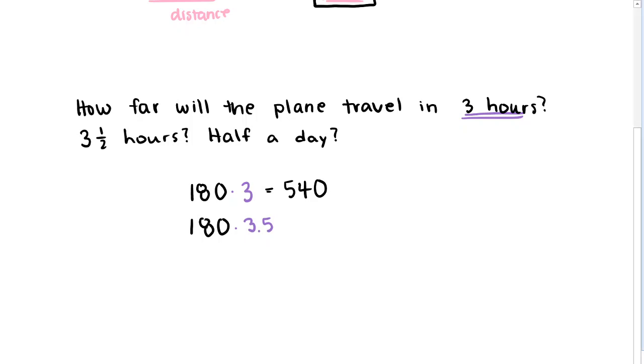And I think either having an improper fraction, where it's all numerator and denominator, there's no whole number part, or a decimal, these are two things that are easier to work with mathematically. So here, maybe I'll write this 3.5 as 3.5.